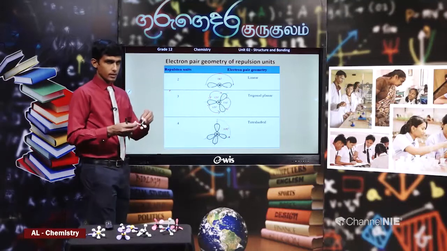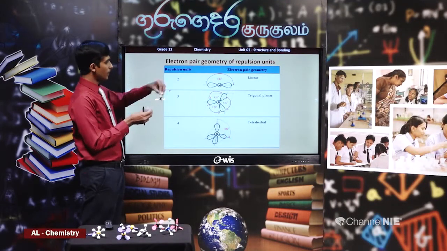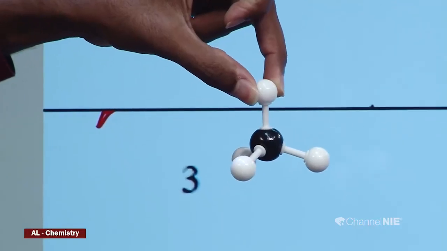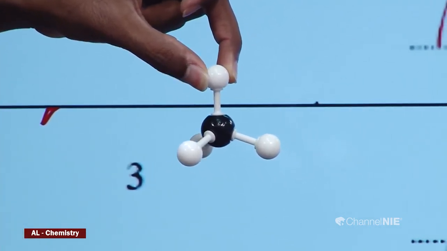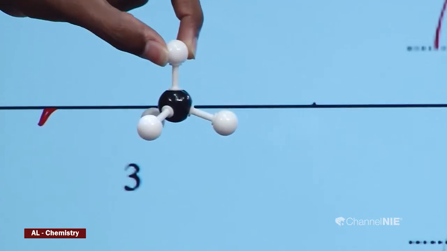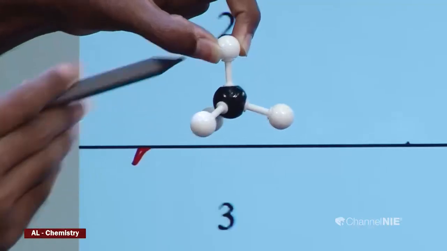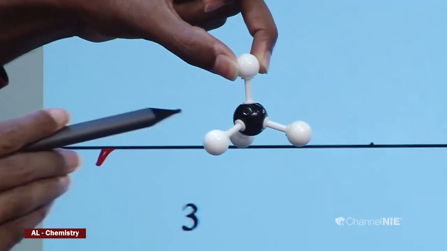If you consider a simple molecule like CH4, around carbon you have 4 VSEPR pairs, all 4 are sigma bonds, no lone pairs, all 4 are identical in CH4. So, the carbon atom is there in the middle of a tetrahedron. If you connect all these points, you get a tetrahedron.